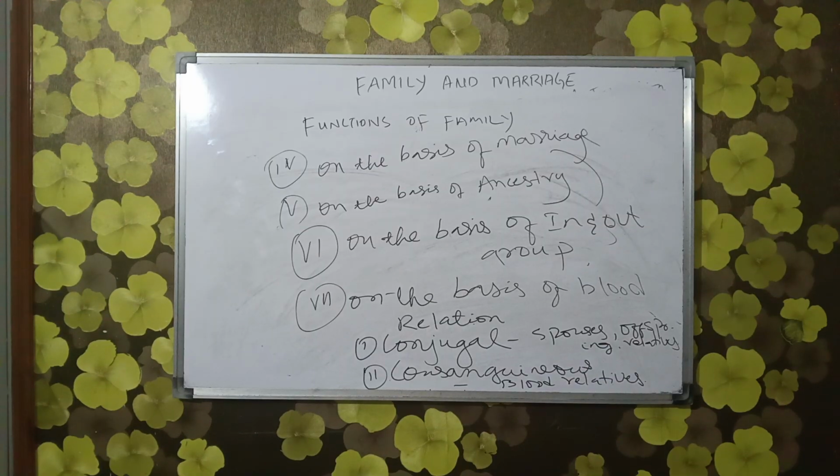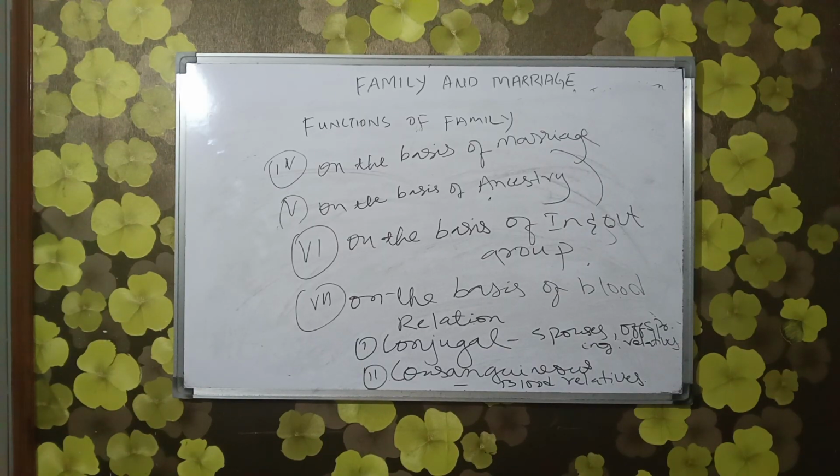And on the basis of marriage, monogamous, polygamous and polyandrous. Monogamous means one man marries one woman, polygamous one man marries two or more women, and polyandrous one woman marries two or more men.